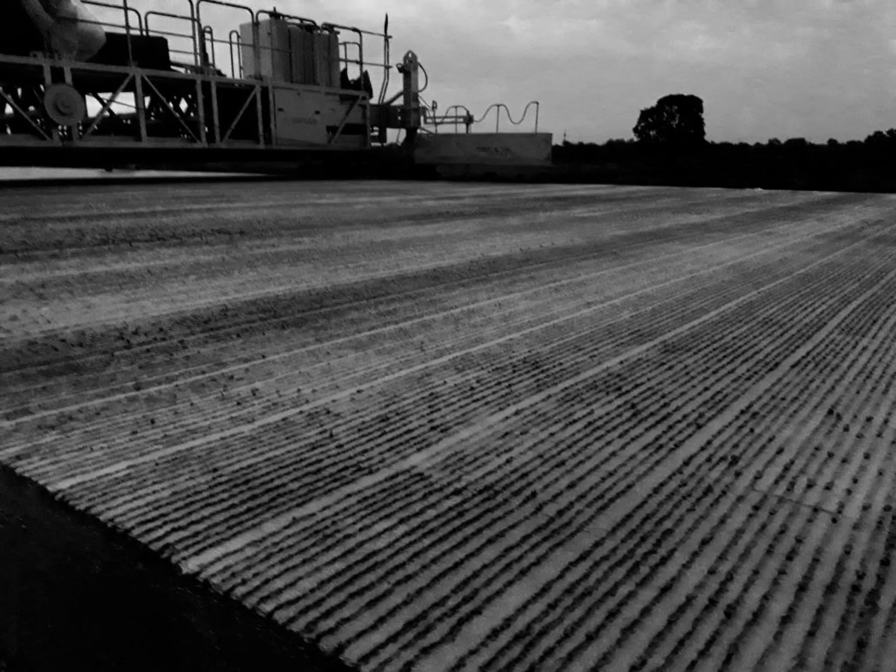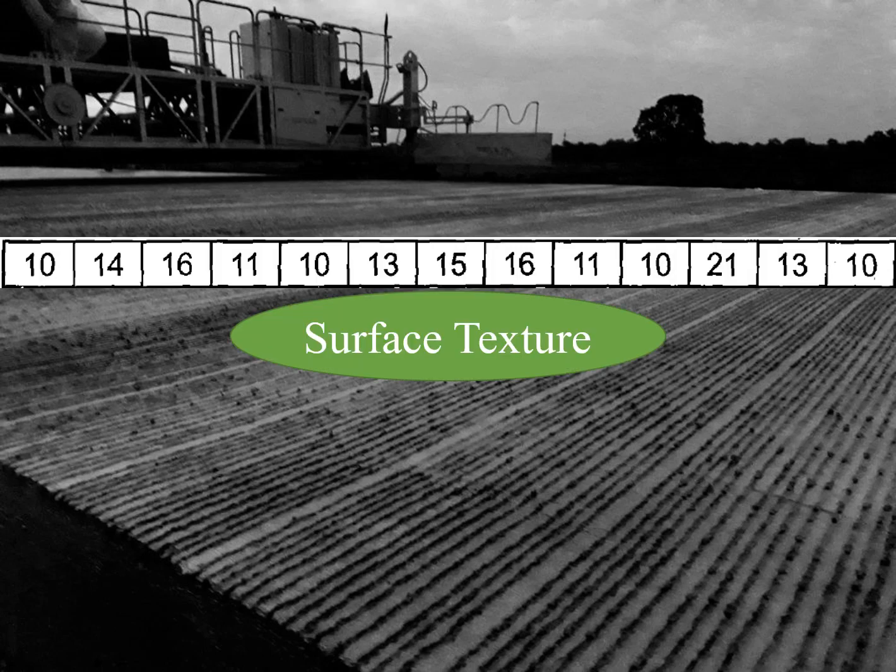These are typical photographs showing how the texturing will look. Each set of textures has a wide gap in between, and the spacing between the tines is reflected as you move from left to right of your screen: the first spacing will be 10, then 14, 16, 11, 10, 13, 15, 16, 11, 10, 21, 13 and 10.